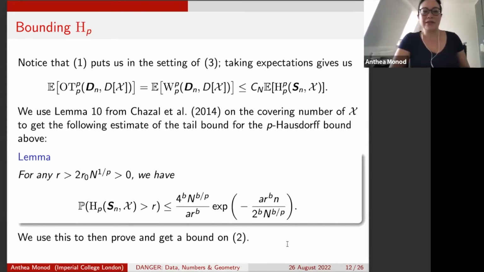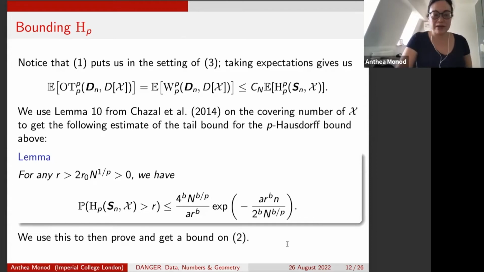Essentially, we can now take expectations, based on the optimal partial transport distance and the Wasserstein stability that we've seen before. Here we adapt the same idea of what Fred Chazal and his collaborators did when they studied this problem in the case of persistence landscapes, to get some behavior on the covering number, to get an estimate for the tail probabilities of the P Hausdorff bound.